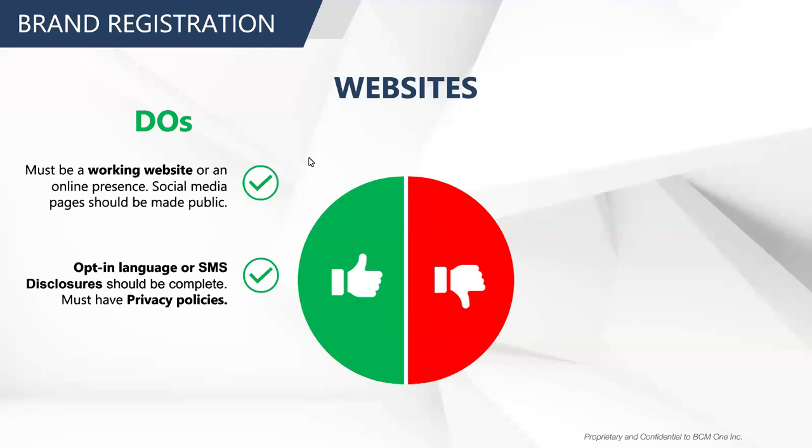So some small businesses do not have a website but use a business social media presence such as Facebook or Instagram sites. So in those cases, you may create a post with both the full SMS disclosure and a privacy policy link or the actual text of a short privacy policy.